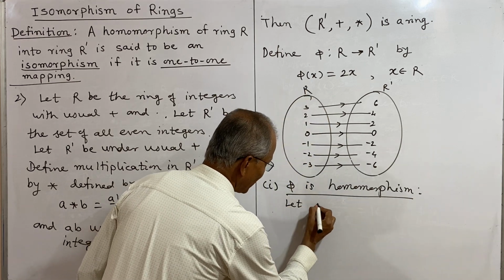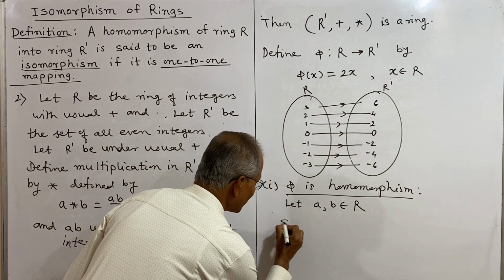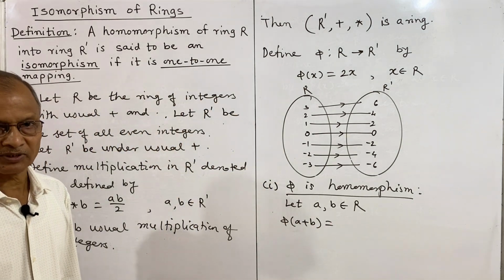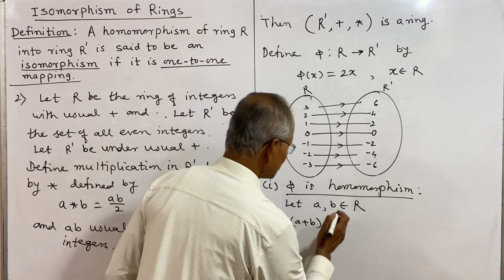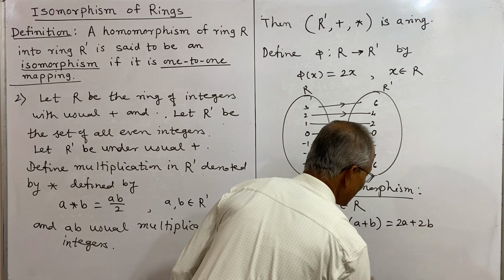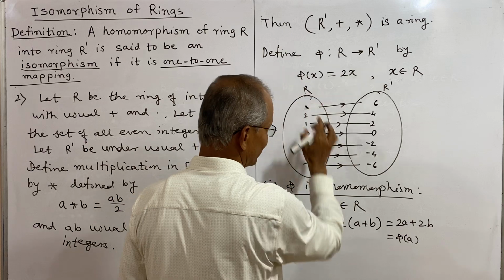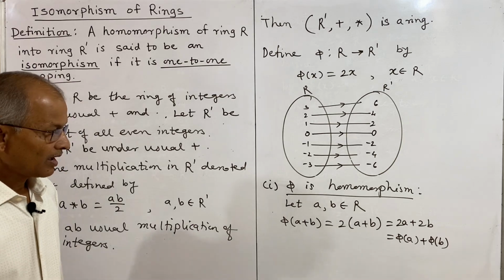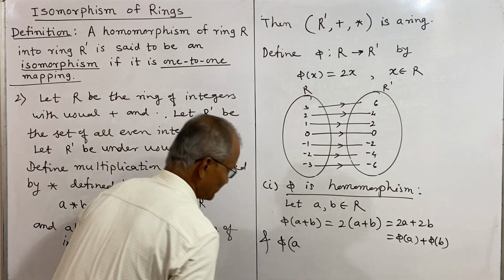Let A and B belong to R, this ring, and we need to prove phi of A plus B is equal to phi of A plus phi of B. These are the structure preserving properties, one for addition, another for multiplication. By definition of phi, this is 2 times A plus B, which can be written as 2A plus 2B. And 2A is phi of A, and 2B is phi of B, and this proves the first. Now the second, phi of A into B.